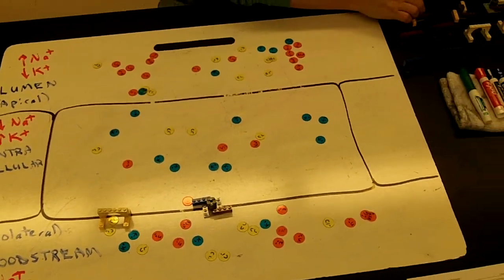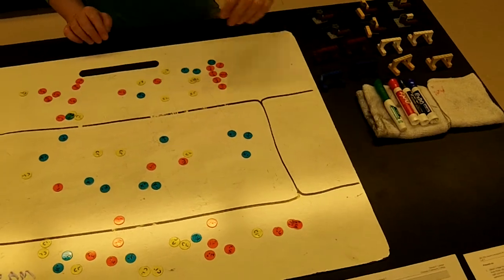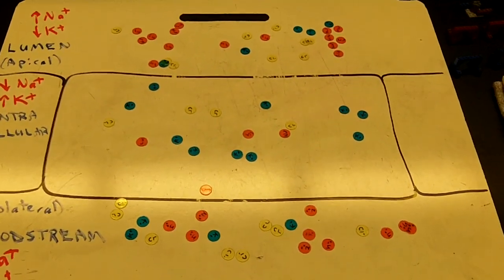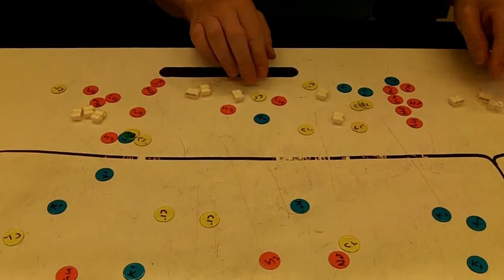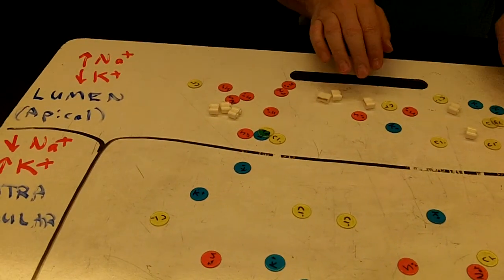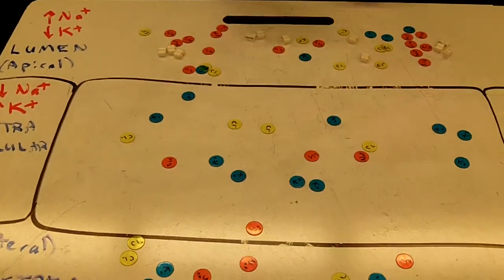All right. If you really want to push things along, the third activity we can do is kick the game up a bit and say, okay, let's add glucose to the lumen of the intestine. And now I want to move glucose from the apical side down to the basolateral.